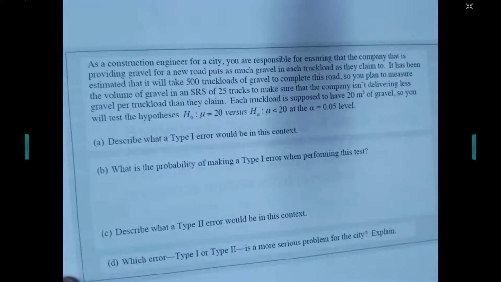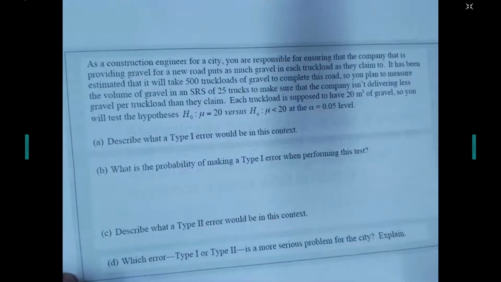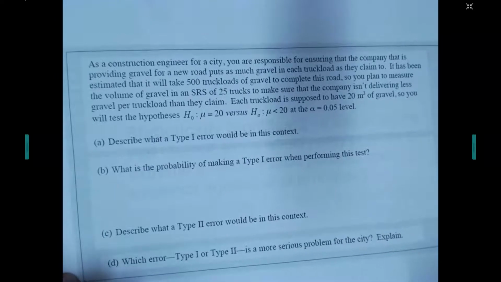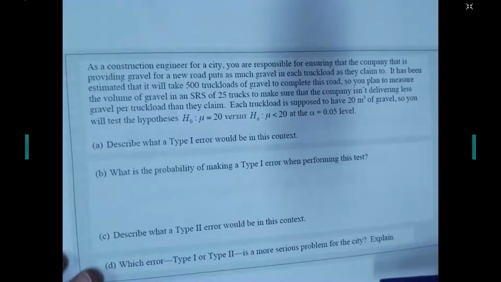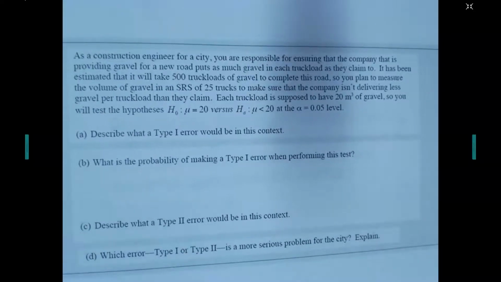All right, let's try a couple of just free response problems before we run into what we're going to do today. As a construction engineer for a city, you're responsible for ensuring that the company providing gravel for a new road puts as much gravel in each truckload as they claim to. It's been estimated it will take 500 truckloads of gravel to complete this road.